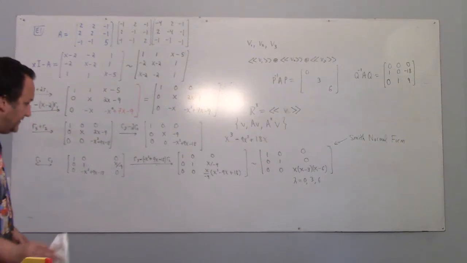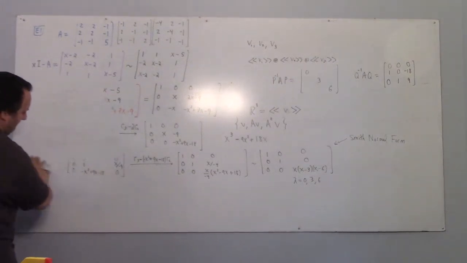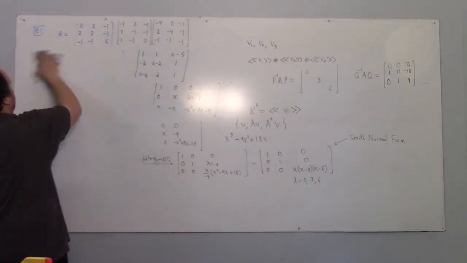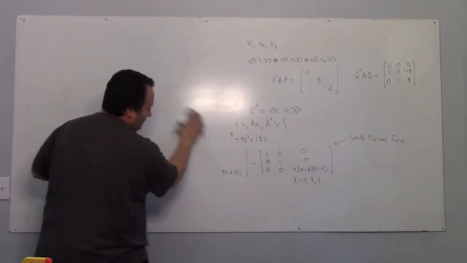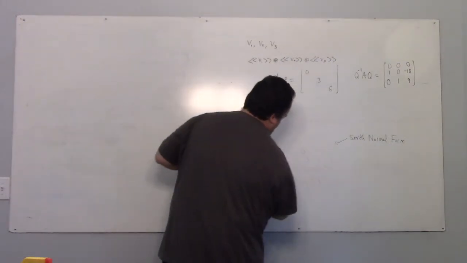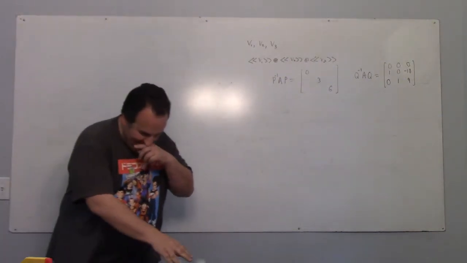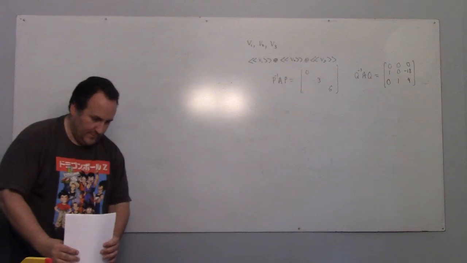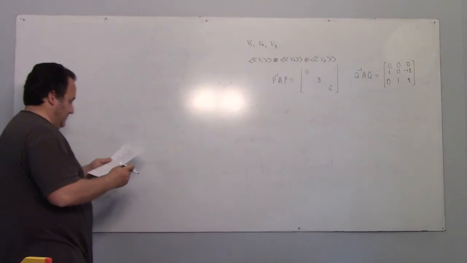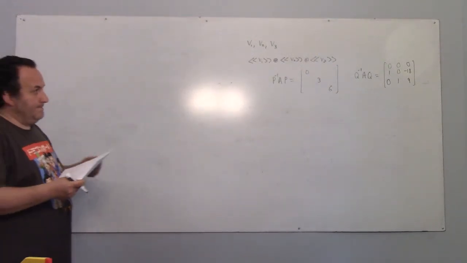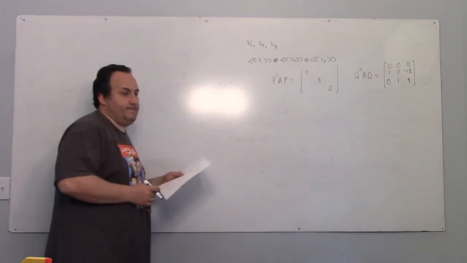All right, so let's do some more examples. Now here, when you do the rational canonical form, you have 0 for a naught, and then this a d.